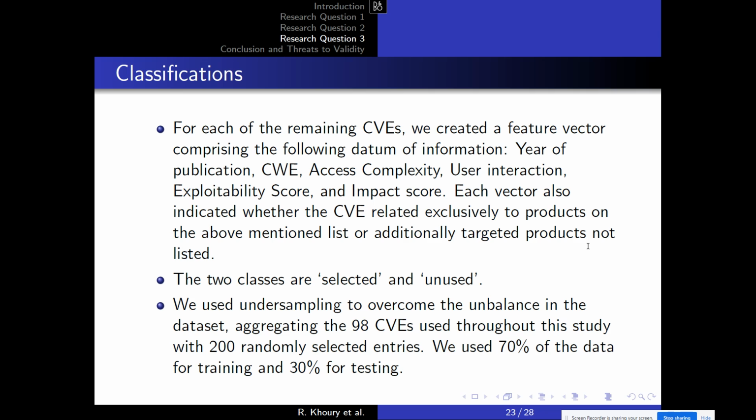So the dataset was heavily unbalanced, 98 CVEs selected and 6,300 in total. So we used undersampling to correct the imbalance. I do recognize that this is another threat to the validity of the results. Future research might alleviate this problem.